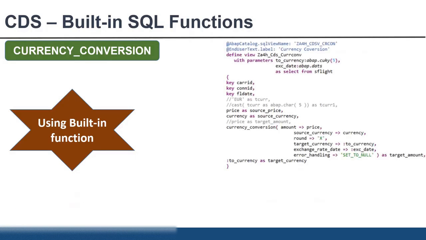Yeah, and this is the way we use the inbuilt function in CDS. We just call the currency_conversion function with the parameters amount, source, whether to round it or not, target, exchange rate, and error handling.